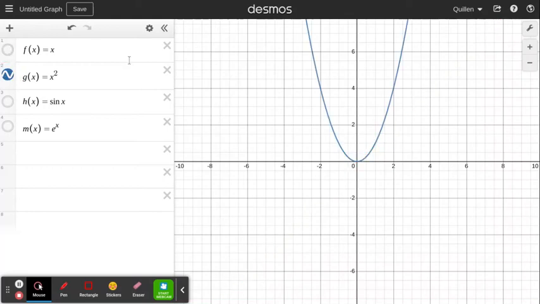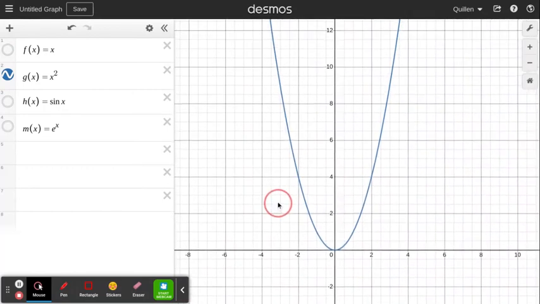Let's now think about g of x equaling x squared. Something you'll notice about this is it's a parabola, and parabolas, both of their ends go towards the same y direction. They both go either positive or negative. This one goes positive because it's the parent equation.